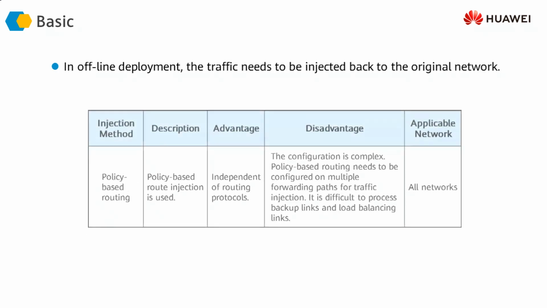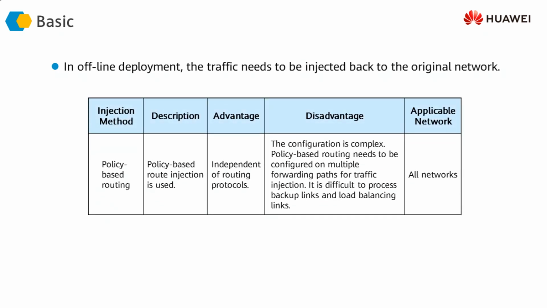Similarly, for the injection mechanism, when the cleaning center injects traffic back into the network, the most desirable way is using policy-based routing. The disadvantage of policy-based routing, once again, is that it is slightly complex to implement, but it's the preferred way, and we should always rely on policy-based routing.